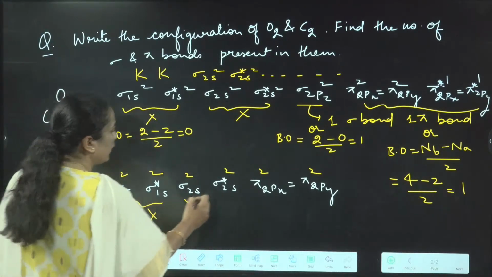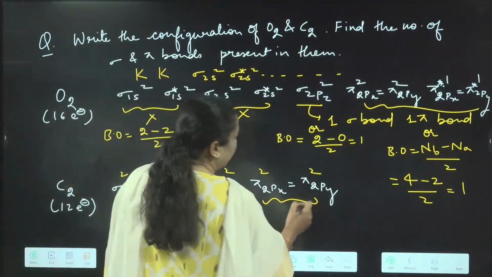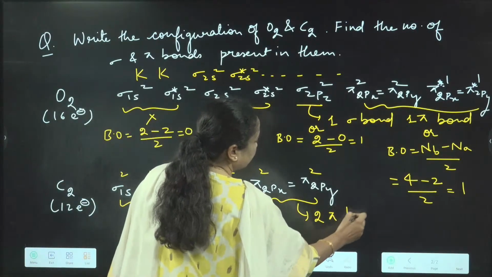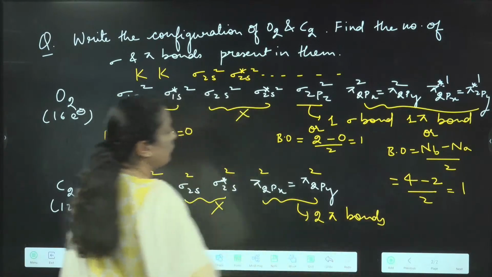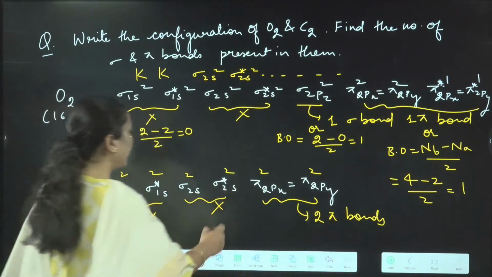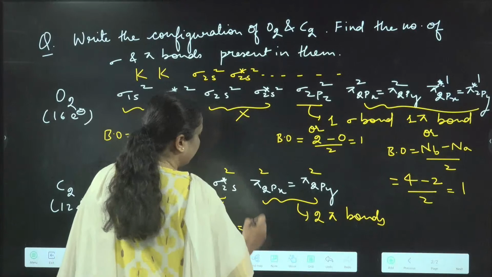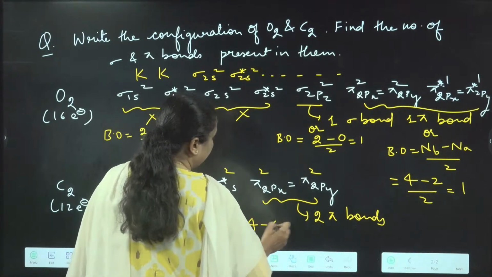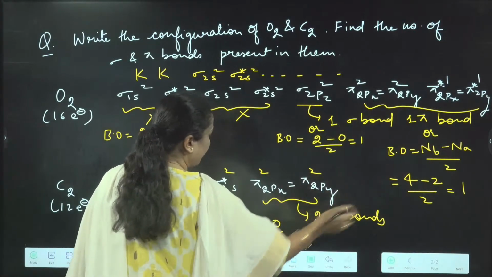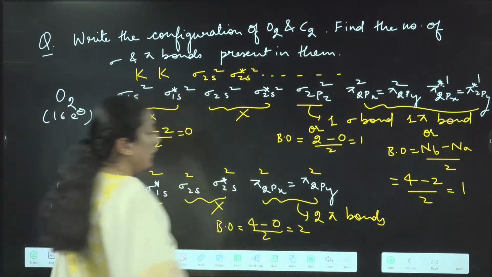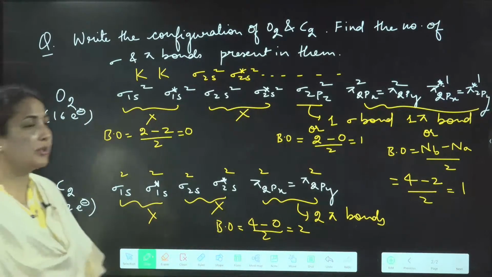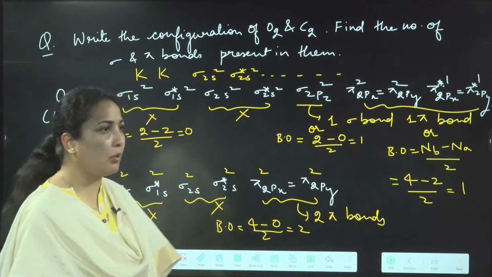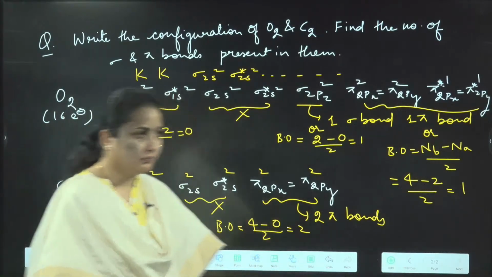Now what about this? Here, no bond. Here also no bond. Here, you are having 2 pi bonds. There is no sigma bond here, right? You could have calculated or identified using this also. 4 minus, you are having basically 0. No electrons in antibonding because I have not mentioned any, right? So are you able to relate that MOT supports that without the existence of a sigma bond also you can have a pi bond?